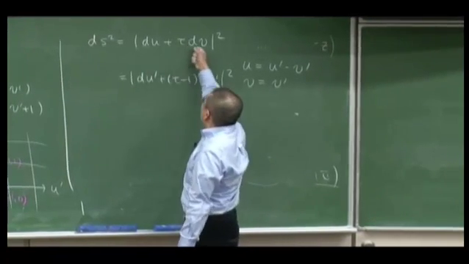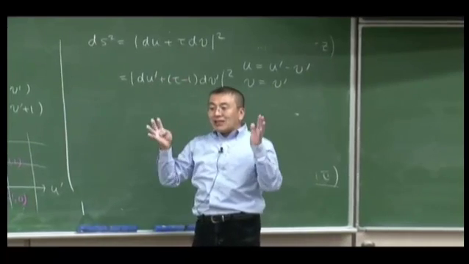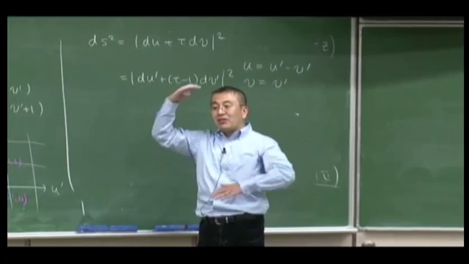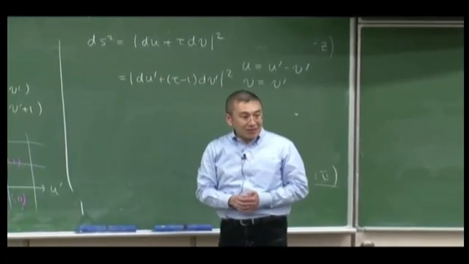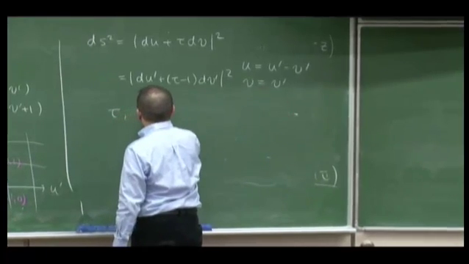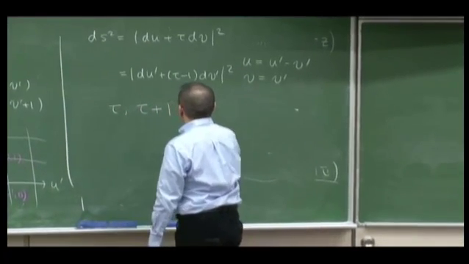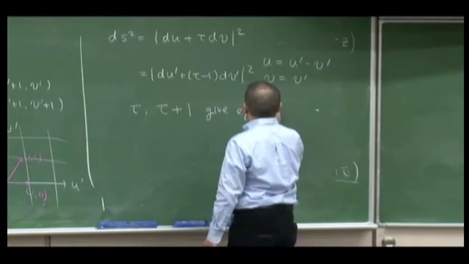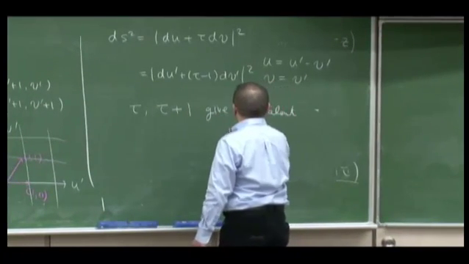But uv and u prime v prime are the same kind of coordinate because they are both obtained by dividing R2 by the square lattice. So that means that tau and tau minus 1, and therefore tau plus 1, give equivalent Riemannian structure.